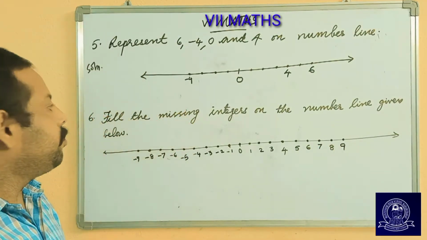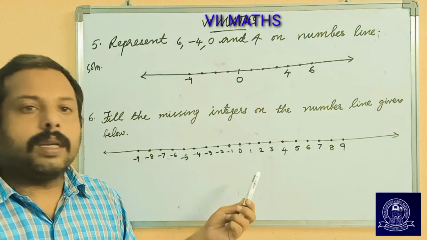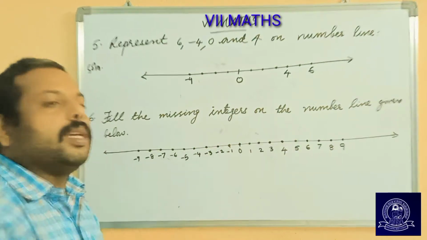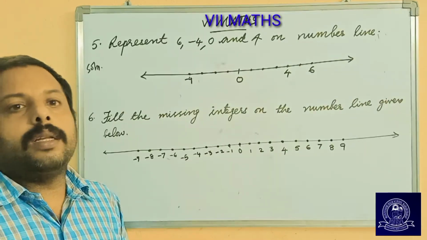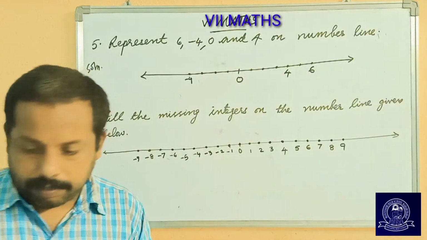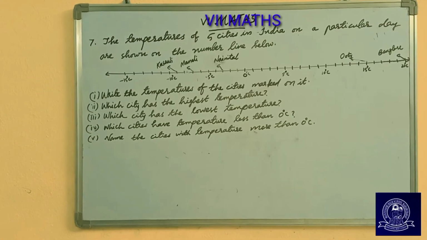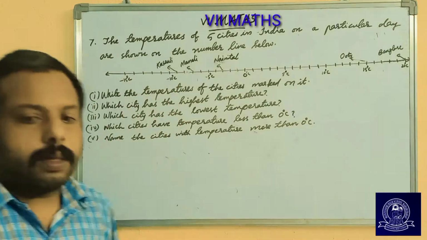So we have entered all the missing integers on the number line. Let us see next question.